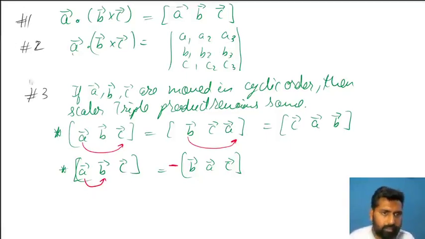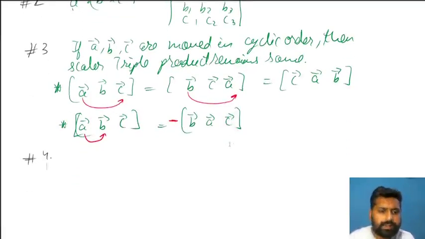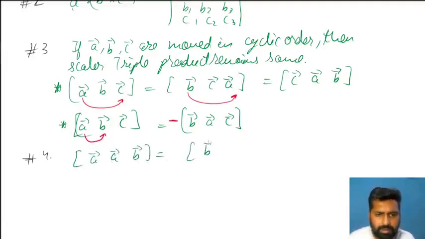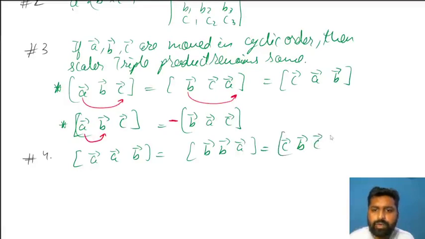Next, if two vectors are the same, let's say out of these three, it is done for A, A, B, or B, A, A, or C, B, C. Any two vectors can be the same in any position.